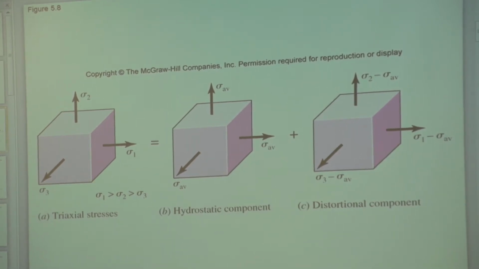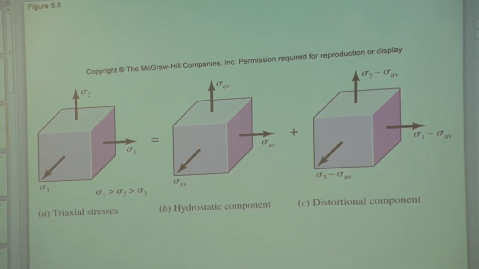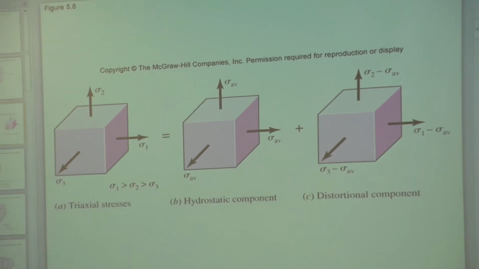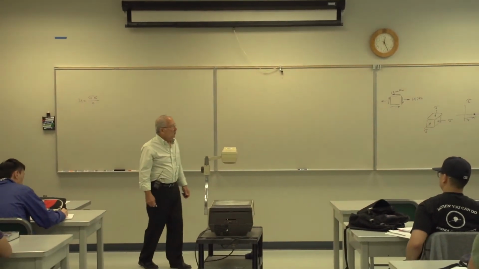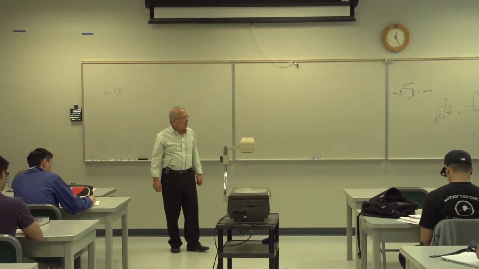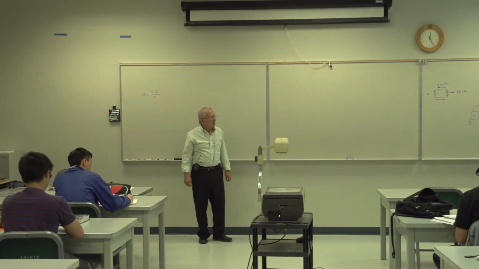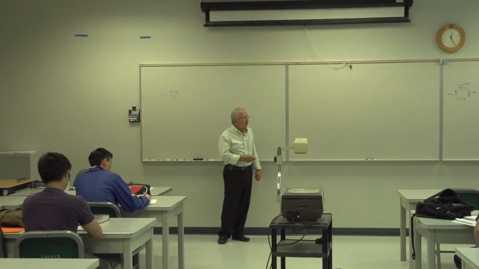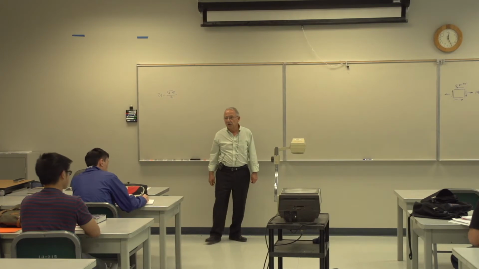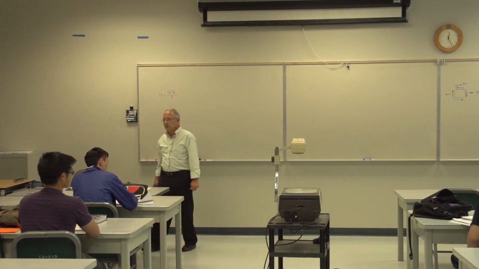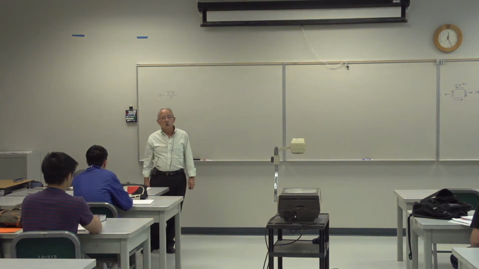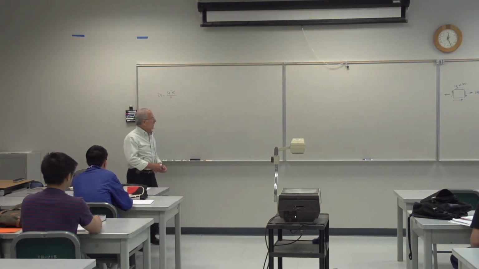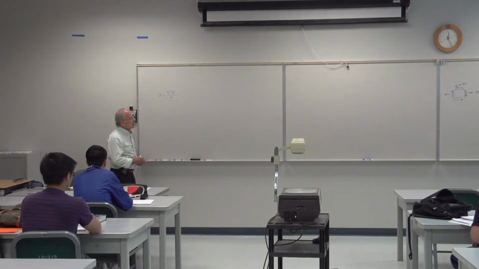Unfortunately, your book doesn't tell you why that is the case. So I'm going to put a few things on the board whereby through a homework problem that I will assign to you afterwards, you can actually prove that this is the only way it should be. Any other way will not separate the strain energy due to volume change from the strain energy due to shape change. Okay?